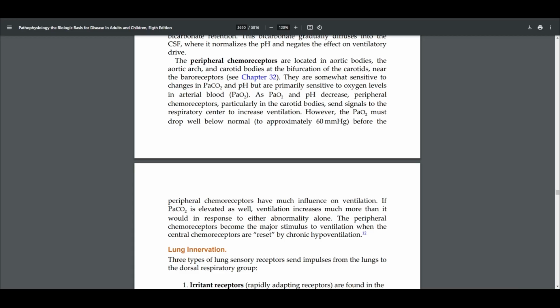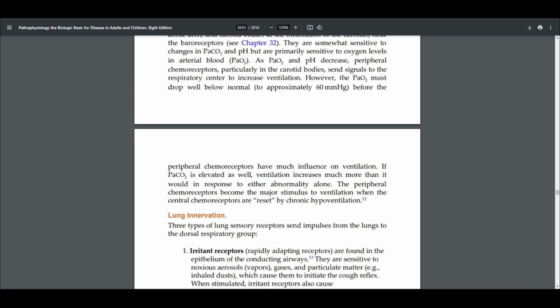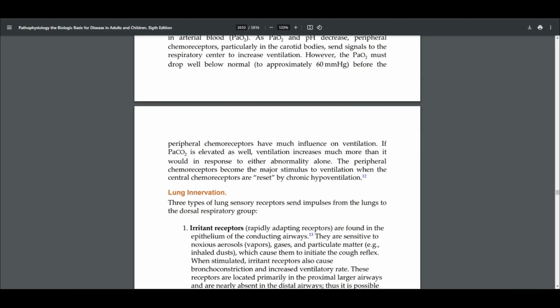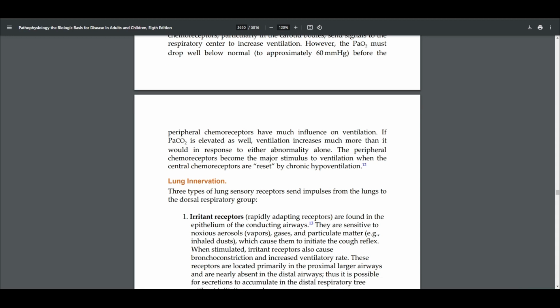However, the PaO2 must drop below normal, to approximately 60 millimeters of mercury, before the peripheral chemoreceptors have much influence on ventilation, meaning it's not exactly the fastest response. If PaCO2 is elevated as well, ventilation increases much more than it would in response to either abnormality alone.